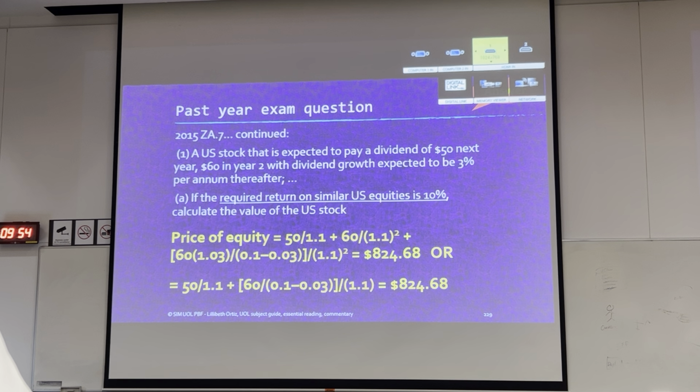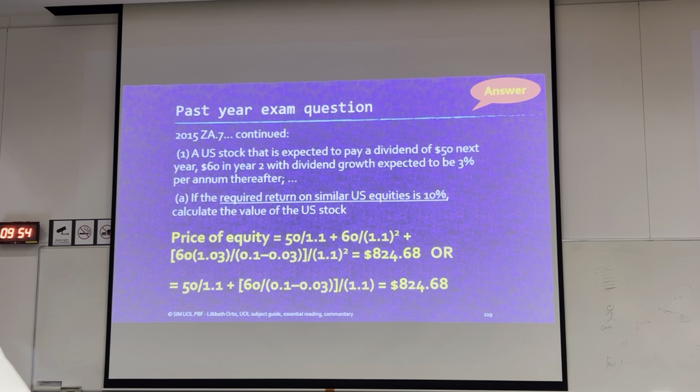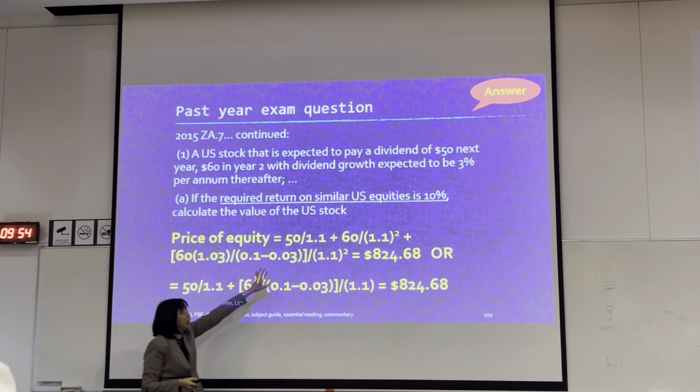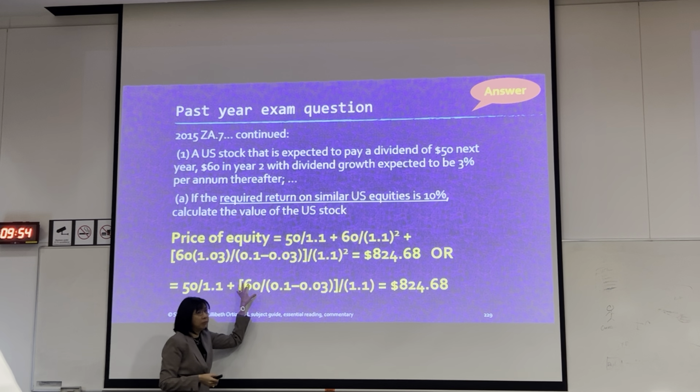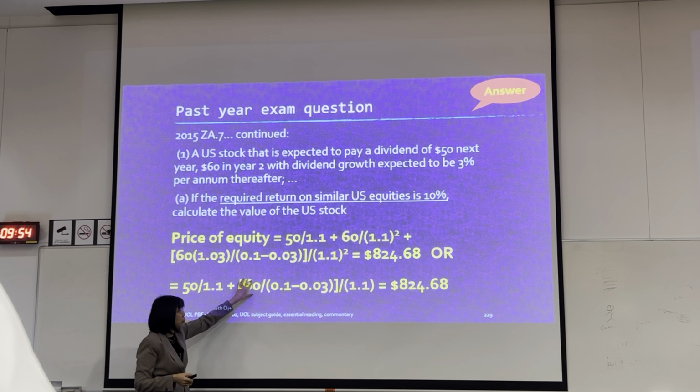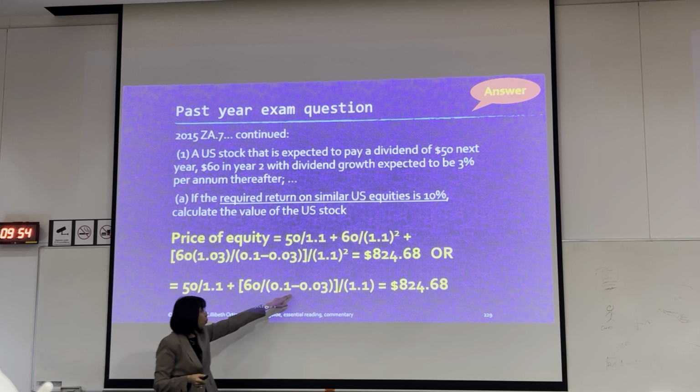I'll put this over there in case you want to take a closer photo of it. Alright, so is that clear? So either you can go all the way to the dividend of time period 2, because you know that will grow constantly anyway.